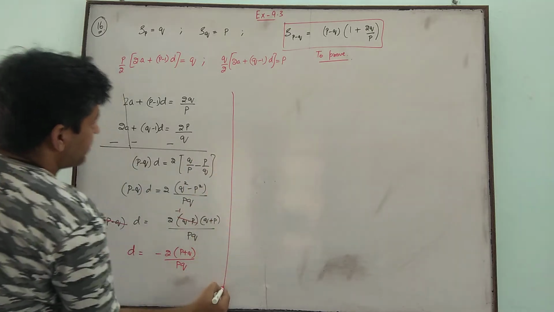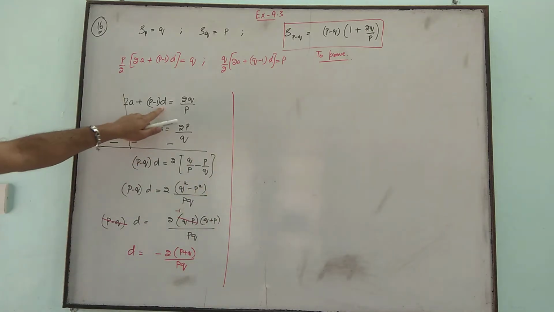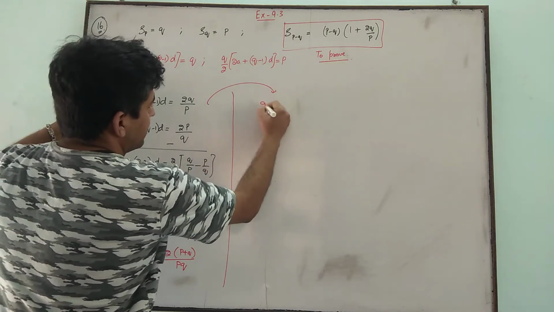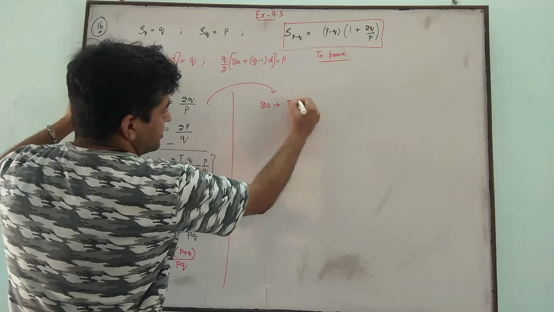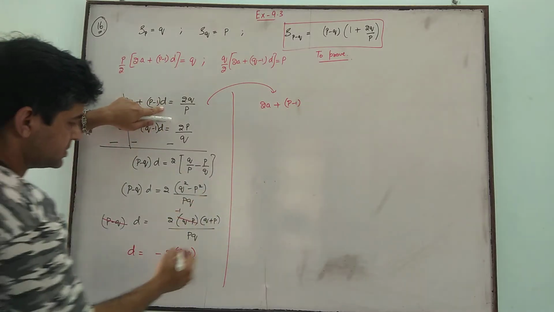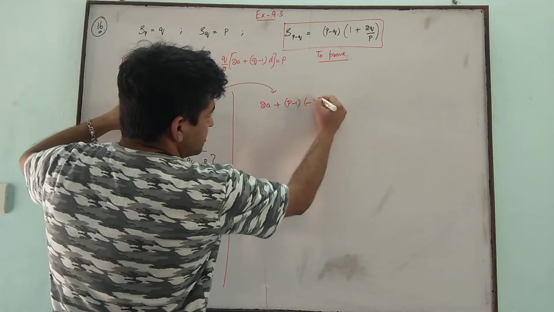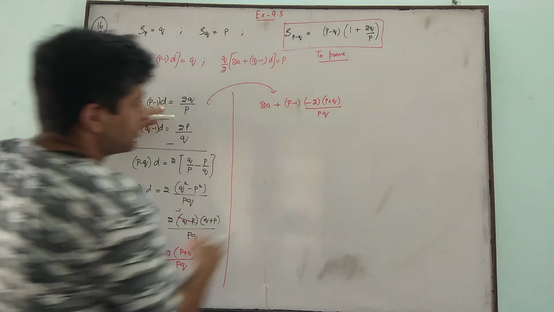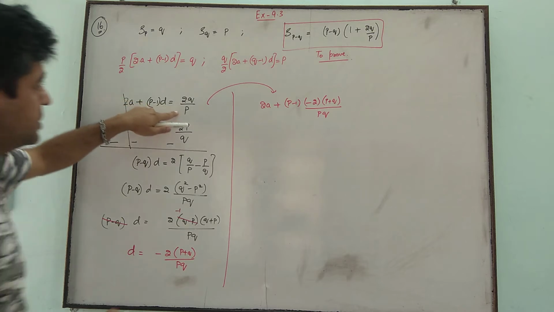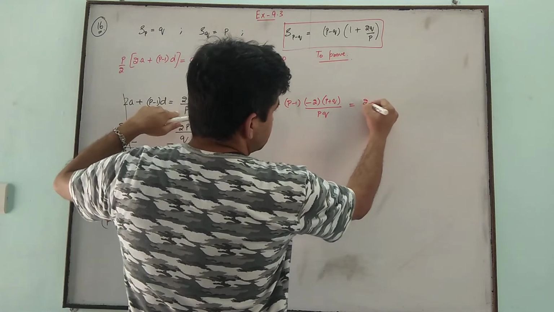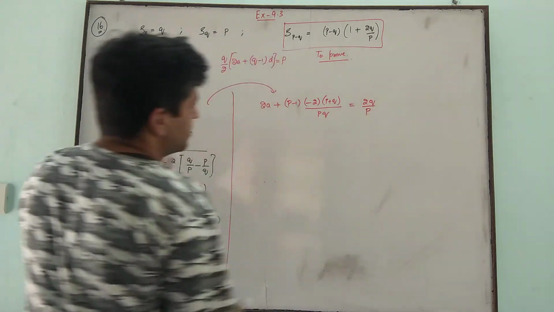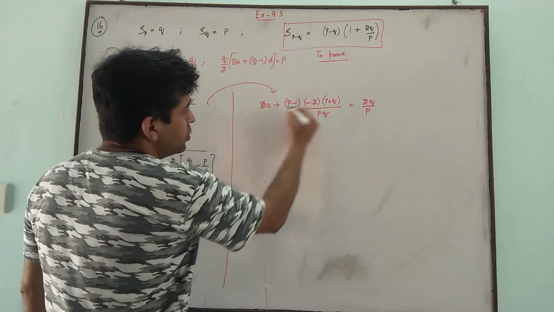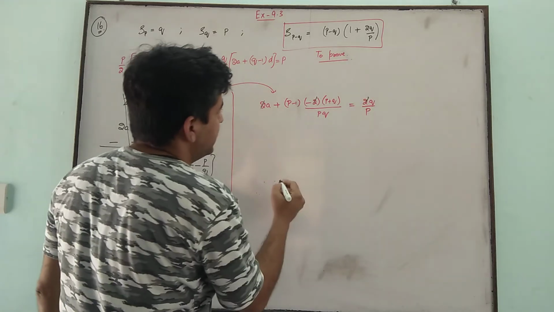From any of these two equations, put the value of d and you will get a. The 2 and 2 are common and cancel out.